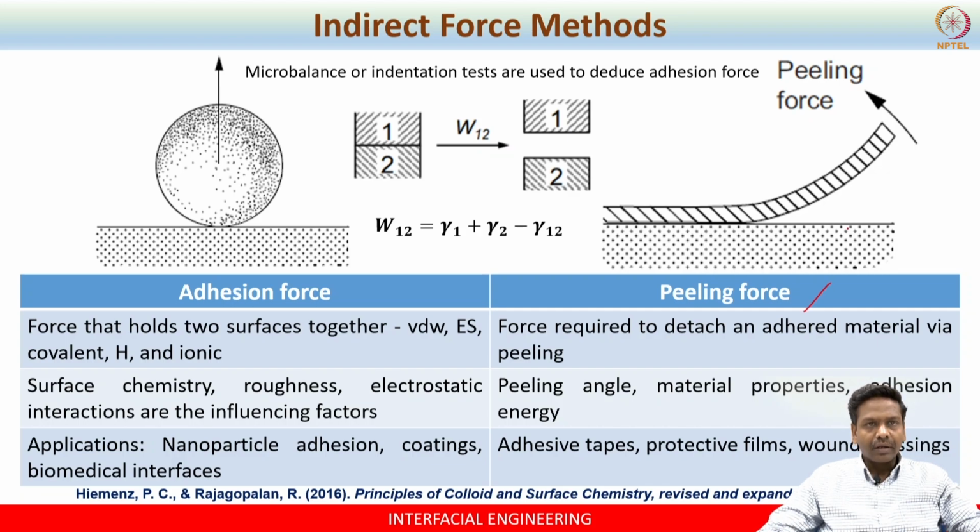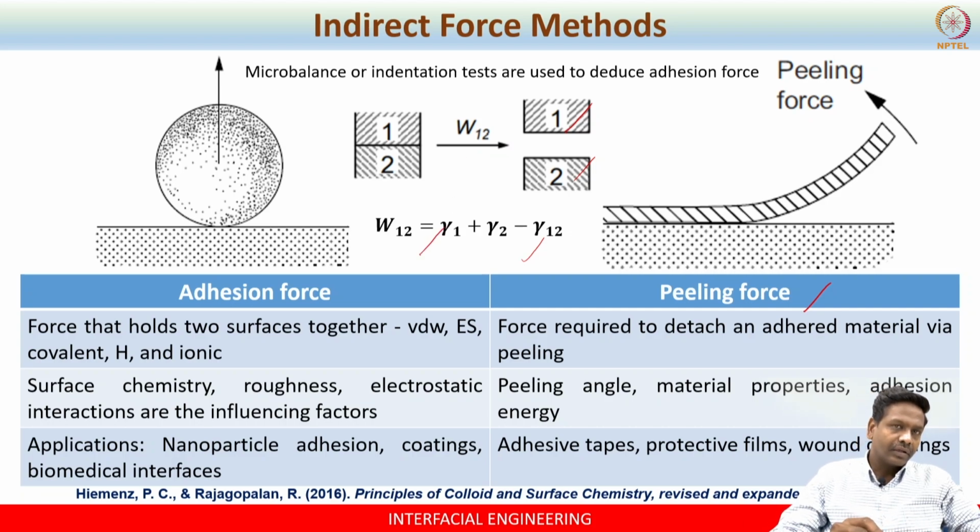Remember we have looked at the adhesion force, work of adhesion and work of cohesion during module 2, where we showed that by computing the surface energy of block A and surface energy of block B and subtracting the interfacial energy of block A and B, you will be able to compute the work of adhesion, which is expressed in the form of energy per unit area, joule per meter square. So we have looked at this during module 2.